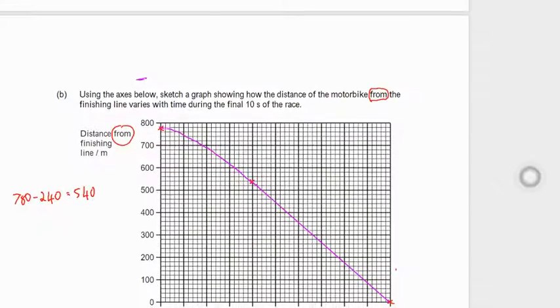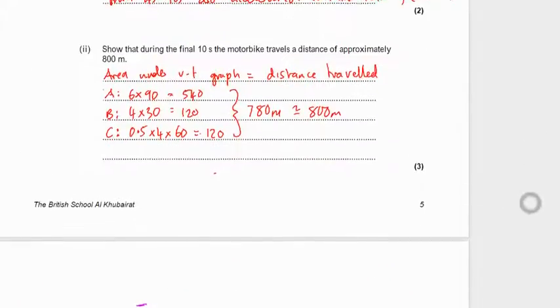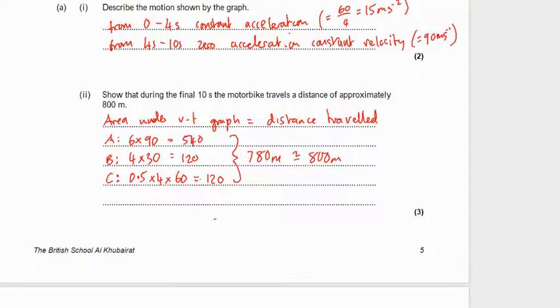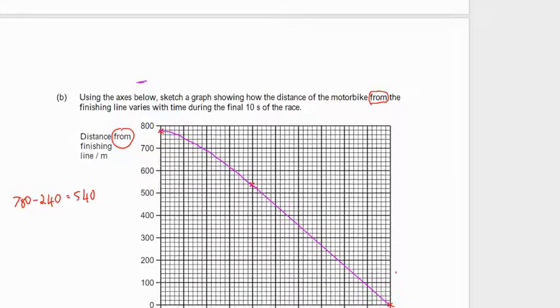So what we are saying is that the finishing line is at 800 meters, or we've calculated 780 meters from the starting point. So in the final 10 seconds, we know we are 780 meters from the finishing line.